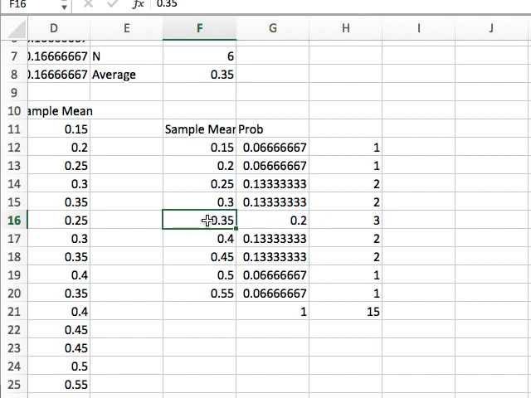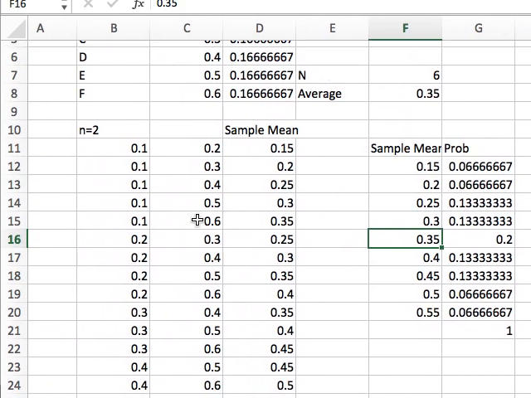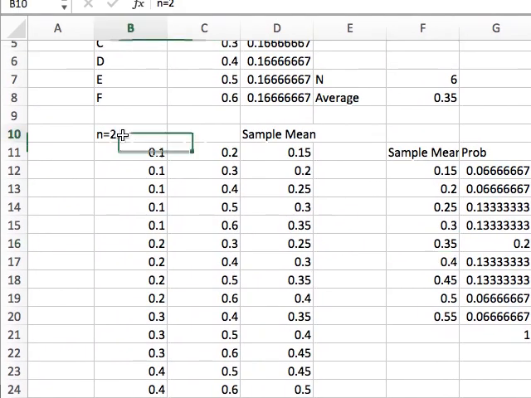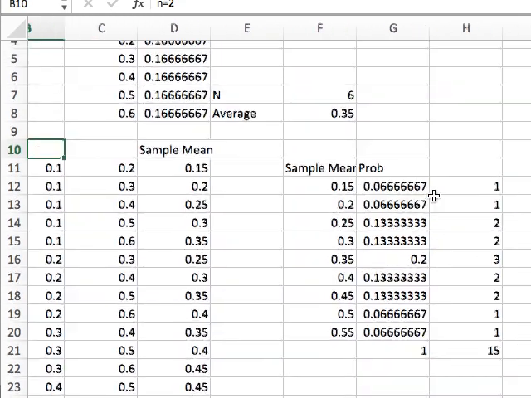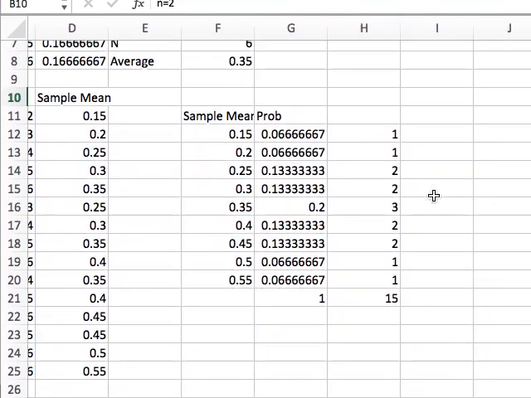Again, 35% is a possible value of the sample mean, and the probability of that is 20%. Now remember, the sample mean 35% is just one of the many possible sample means if we get a sample size of 2 from your population of 6. So that is necessary for us to interpret the probability.